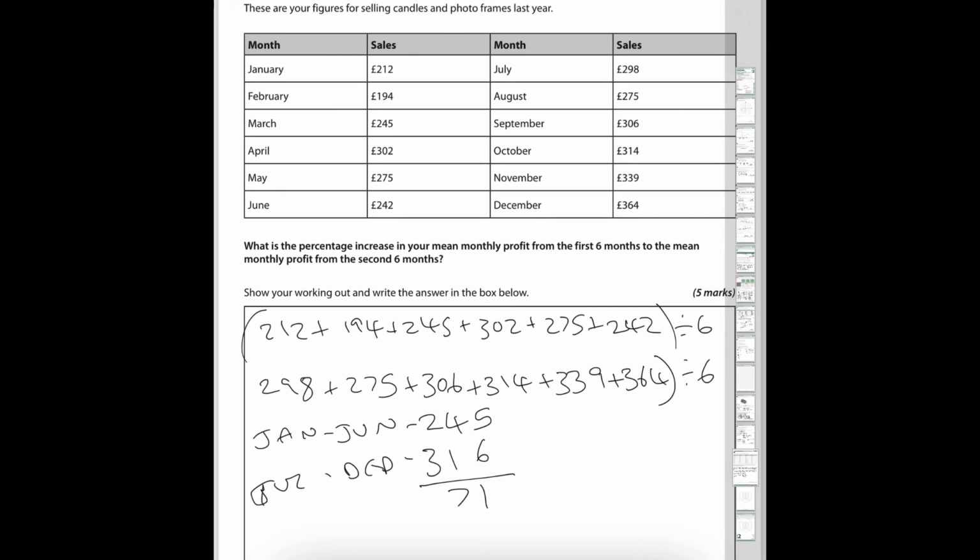And now we need to work out the percentage difference or the percentage increase of the two numbers. So we need to work out 71 divided by 245 times 100. That's how you work out the percentage of something. The smaller number divided by the bigger number and then times 100.